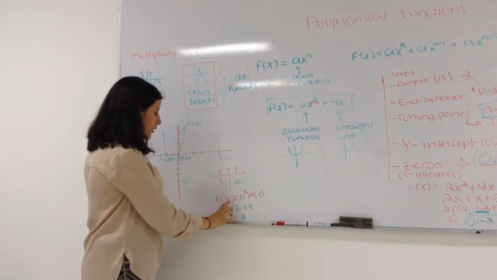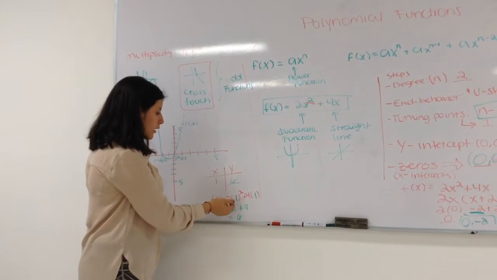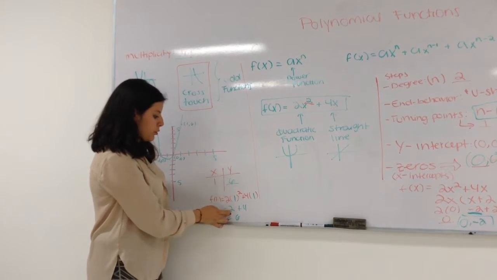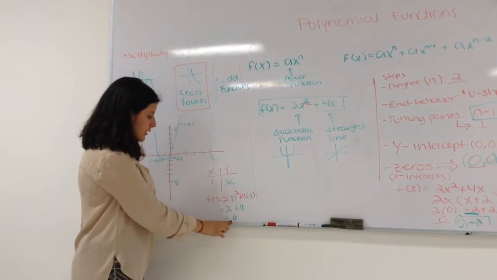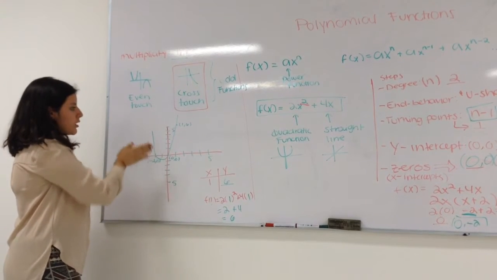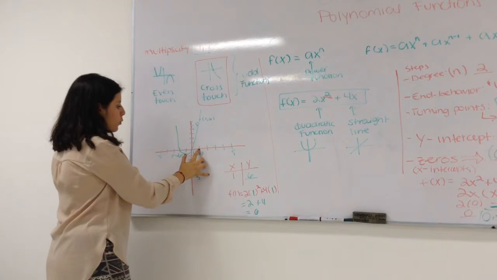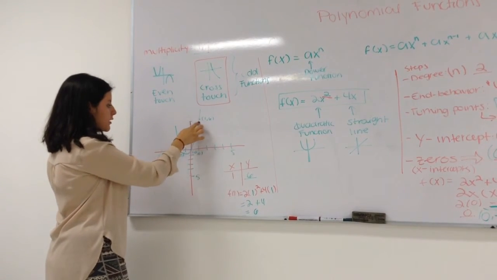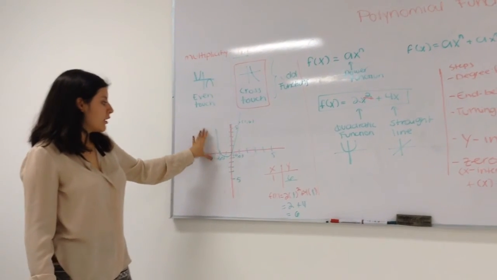So 1 squared is 1 times 2 is 2, and 4 times 1 is 4, 2 plus 4 is 6. This 6 is positive, so we know that our sketch is going up on the positive side, and we put it here, (1, 6). And so we know that our sketch is finished.